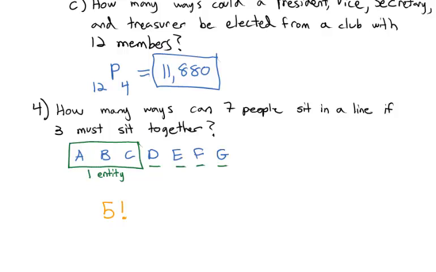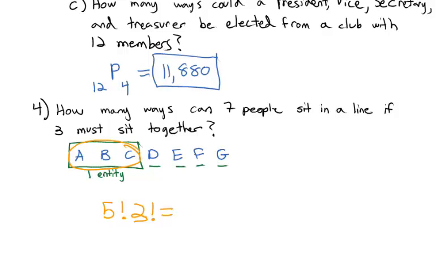But then this one entity, this group, doesn't have to sit in that order. That group can move around within themselves. And so to account for that, we've got 3 for the first seat, 2 for the next seat, 1 for the next seat. Notice that's 3 factorial, 3 times everything below it. So to sit these 7 people in a line, 3 have to sit together.